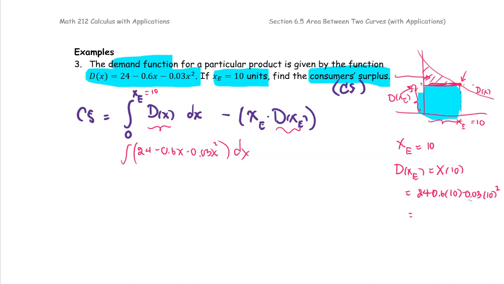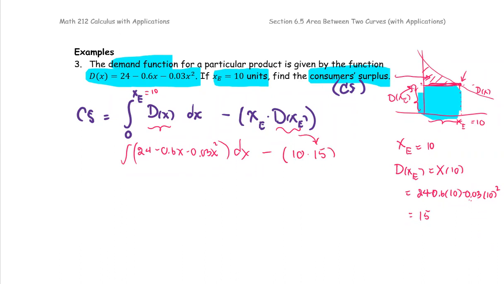I got 15. You got 15? Okay, that sounds right, I got the same 15. So everyone agrees? We have 15 here. That means this number is going to be 10 multiplied by 15.